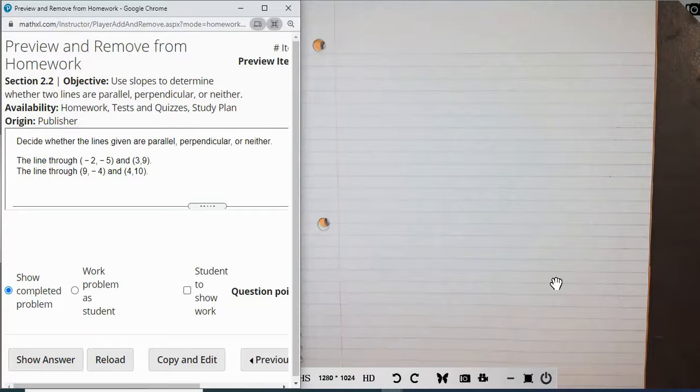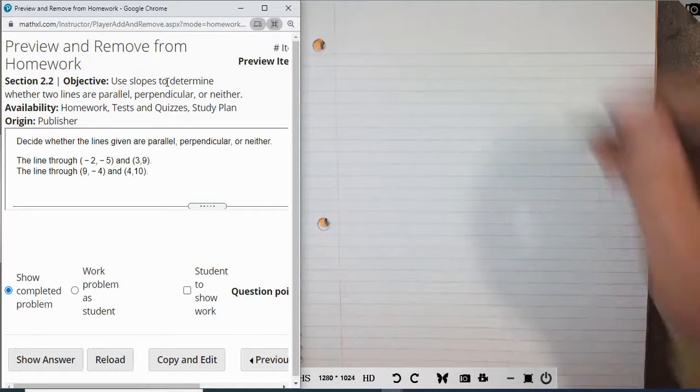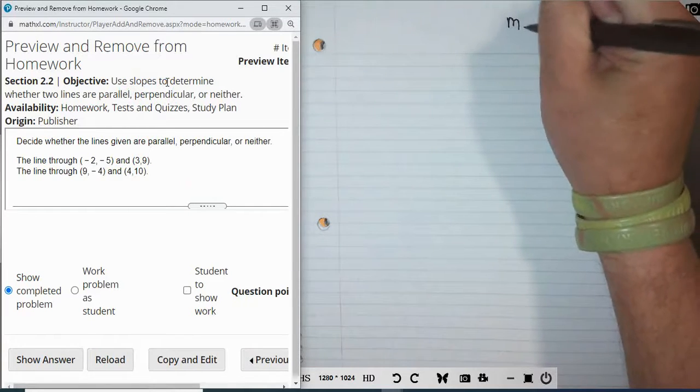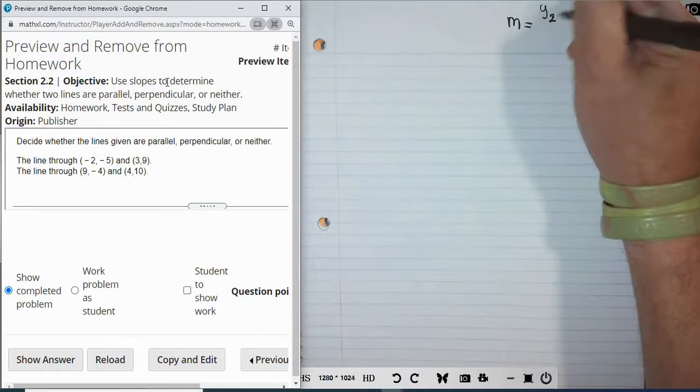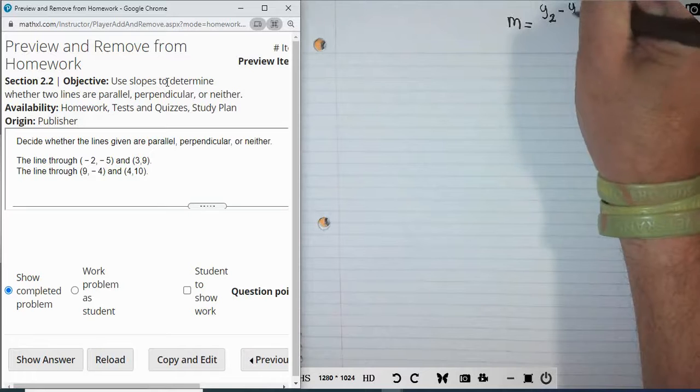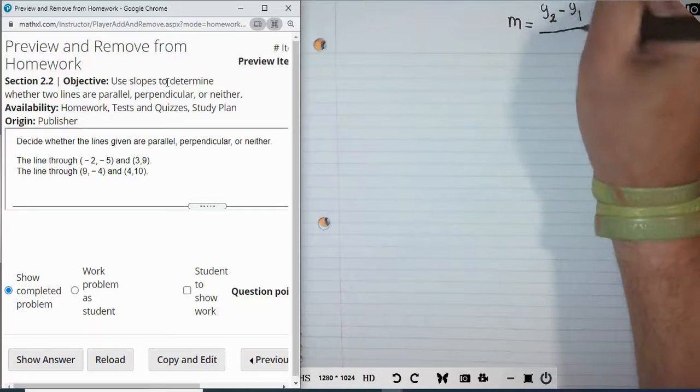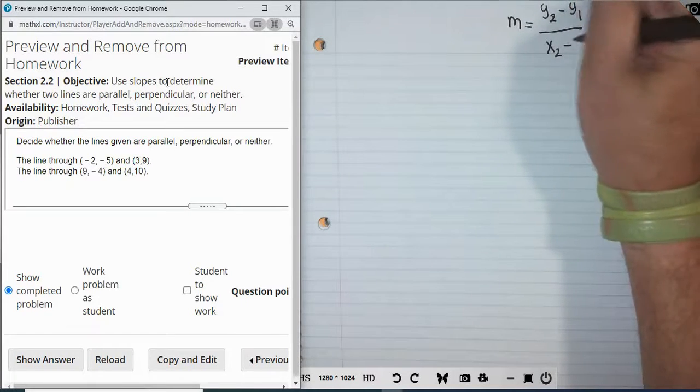The most surefire way to determine parallel, perpendicular, or neither is to use the slope formula. As you can clearly see, that's what our objective says here: use the slopes. So we're using our slope formula, y2 minus y1 over x2 minus x1.